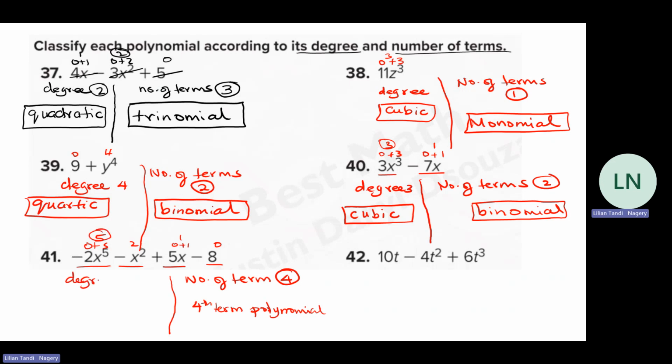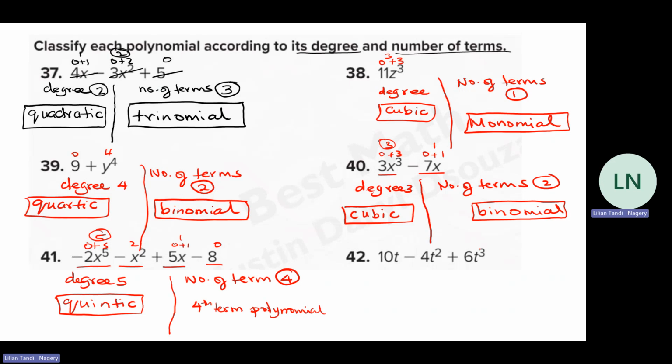So degree is 5, and it's called quintic. So 1 to 5 have a name. After 5, you just say 6th degree, 7th degree polynomial, like that.